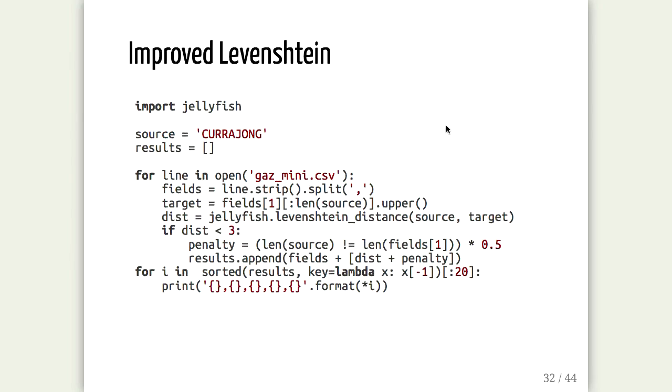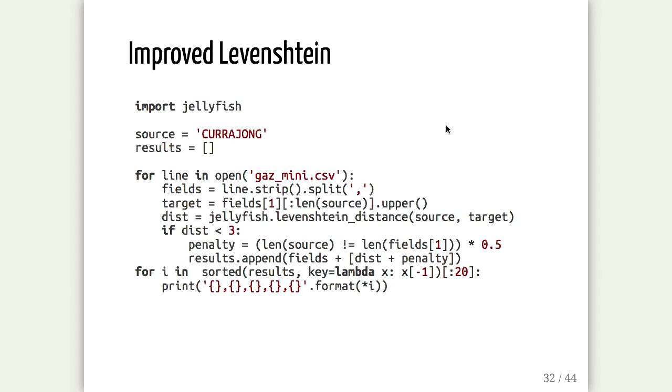So I decided to use Levenstein, but then I decided to improve it slightly. And one of the good things about Levenstein that you don't get with things like Metaphone or Soundex, it gives you a result of either 0, 1, 2, etc. And I thought, okay, if they type in Currajong, and there's Currajong North, I'm comparing only Currajong with Currajong, so I'm getting 0.